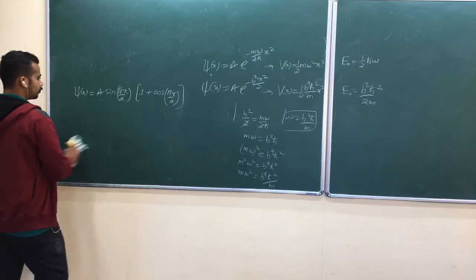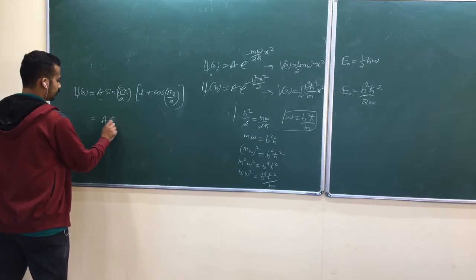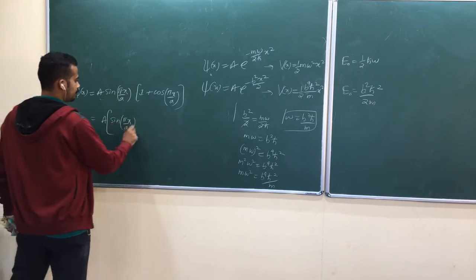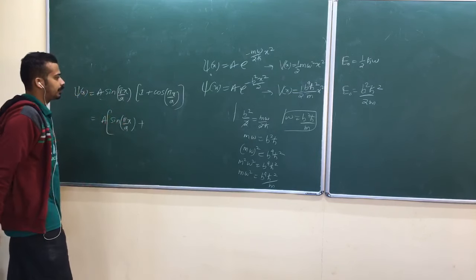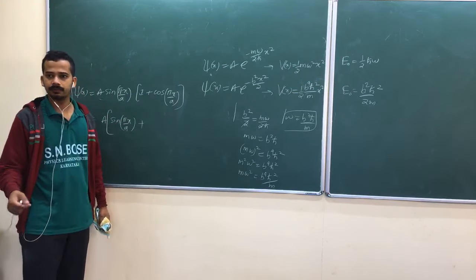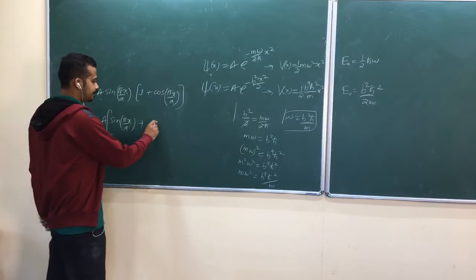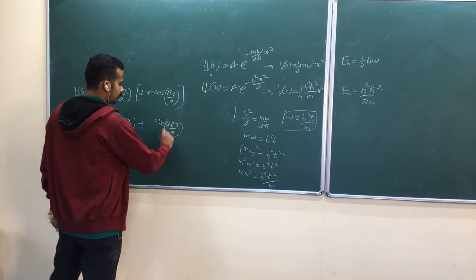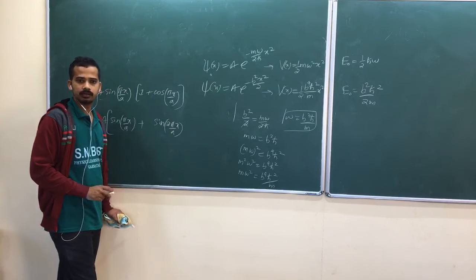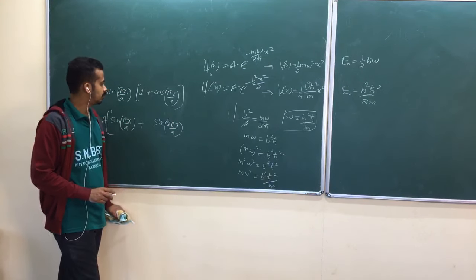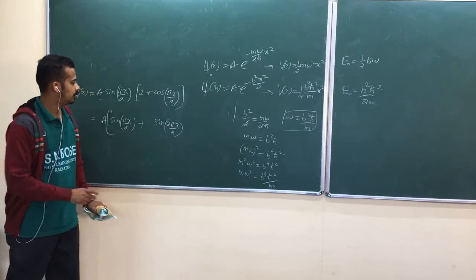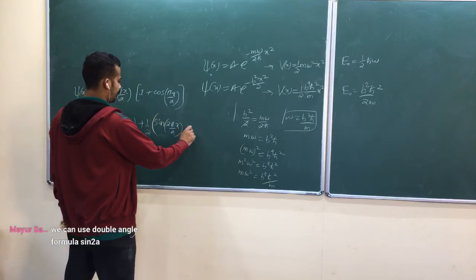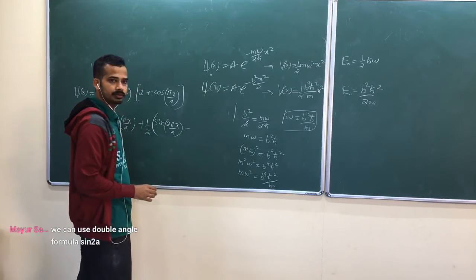Now, can I do that one quickly? A into, let me take a outside, okay? Plus sine pi x by a, cos pi x by a. What is that one? Sine, half of sine, minus or plus?